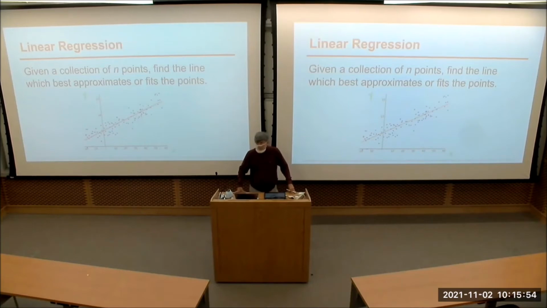Okay? Why is this an interesting thing? Well, first of all, the line gives you a model to make predictions. If this was the height for someone who weighs this much, and you wanted to guess how tall somebody is who weighs this much, that prediction is given by the line that fits it. Okay?